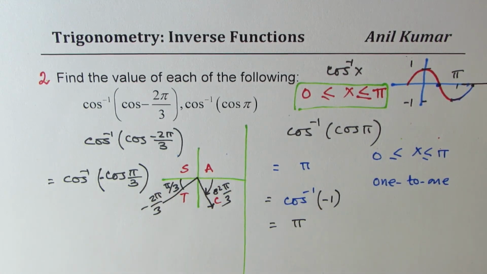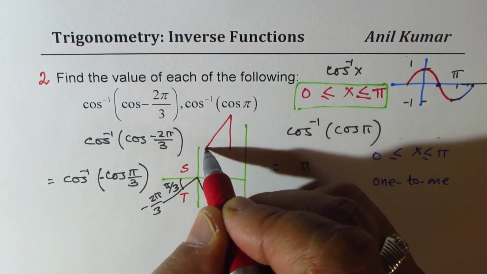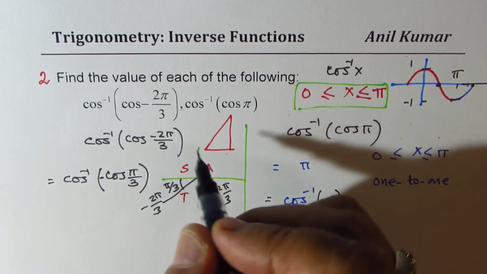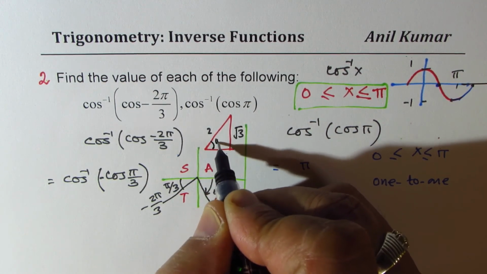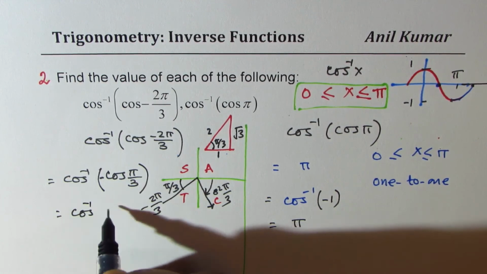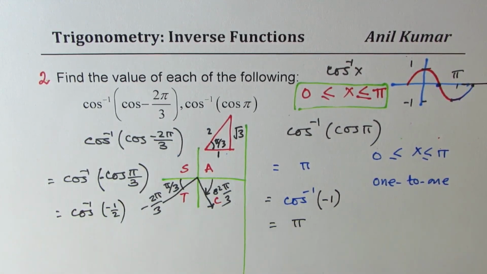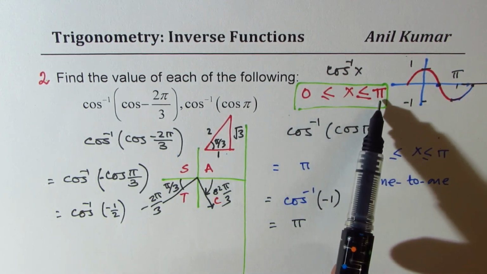Now getting back to the special triangle, we'll just make a special triangle to get the value here. 1, 2, square root 3, angle pi by 3. This is minus half. So we get cos inverse of minus half. Now whenever you do cos inverse, you have to look into the domain 0 to pi.